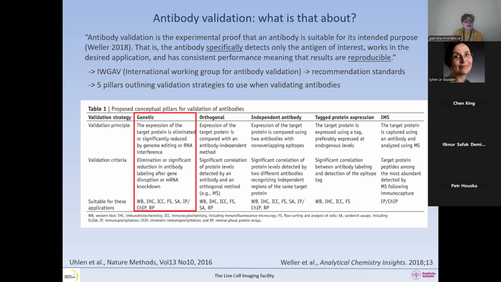And these are the genetic approach, orthogonal approach, independent antibody approach, tagged protein expression, immunoprecipitation, and mass spectrometry. Each of them has its strengths.